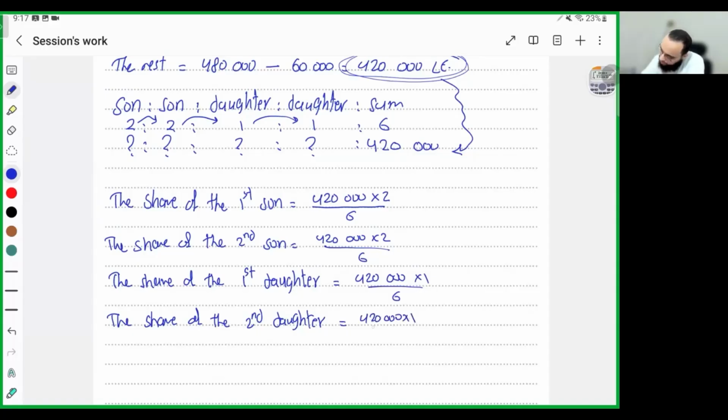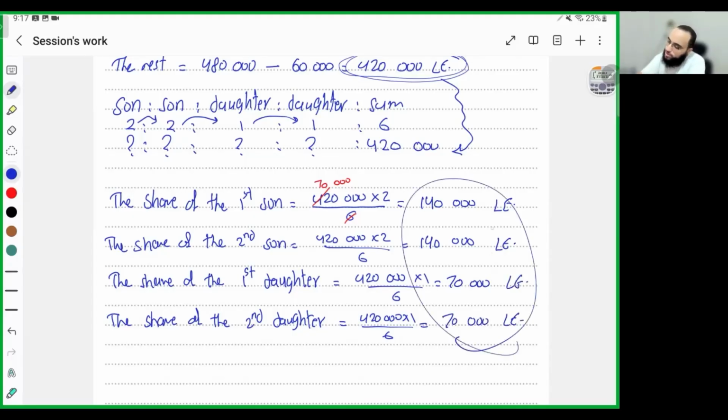What's the answer for the son? It's 140,000 pounds, and the same for the other son. Here it's 70,000 for each daughter. Actually, the daughter is half the son, correct?